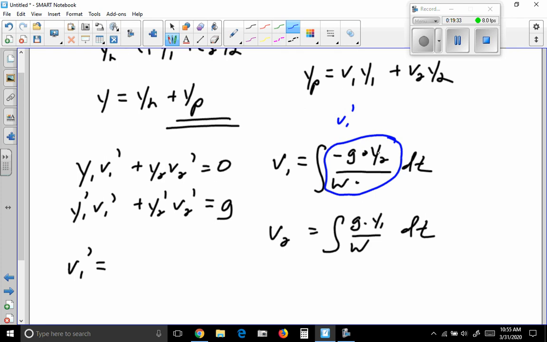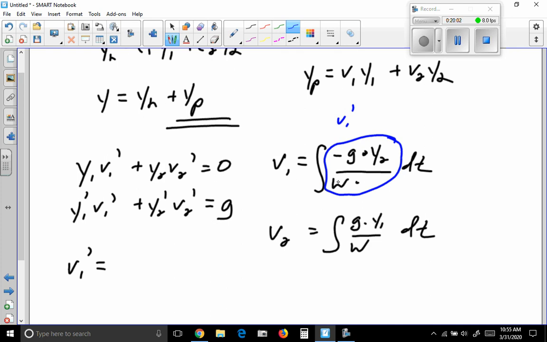Minus g times y2. If we replace the coefficients in the first column with 0 and g, we would get that when we took the determinant of the left side. Down here, if we replace the coefficients in the second column with 0 and g, this is what we would get when we took the determinant of it.